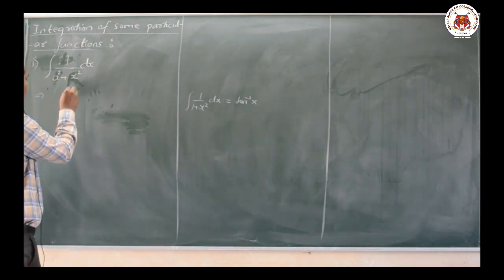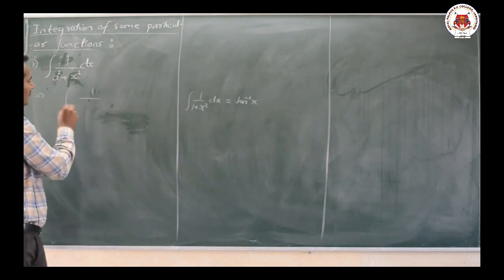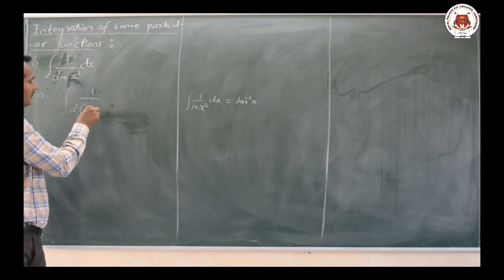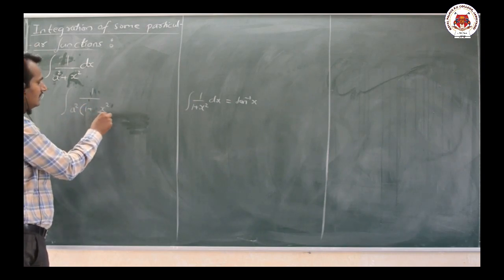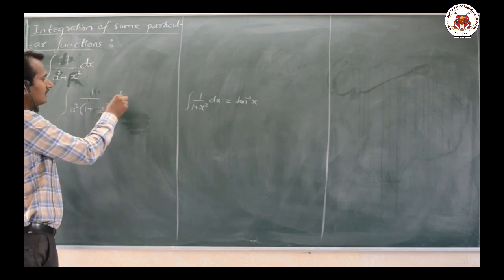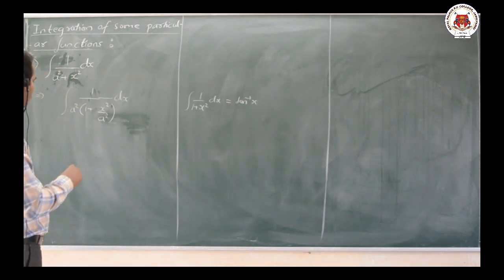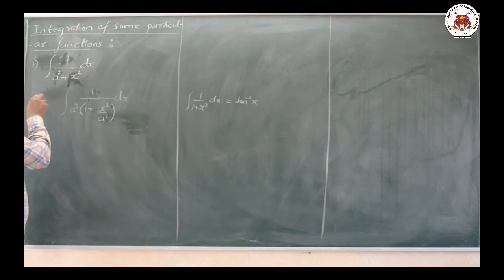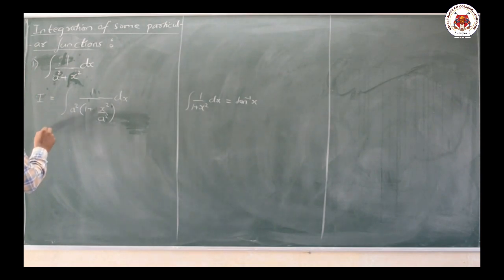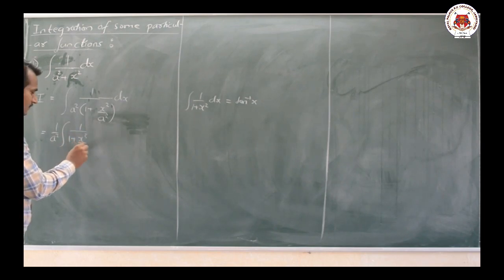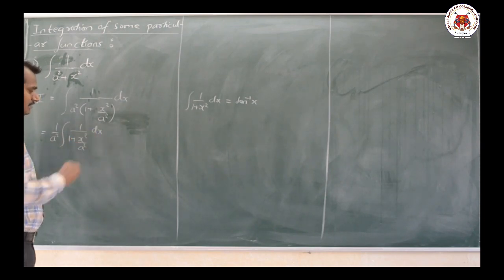That is, integration of 1 divided by a square plus x square dx. If I take a square common, we will have x square by a square into dx. So let us take I equal to 1 by a square integration of 1 divided by 1 plus x square by a square into dx.